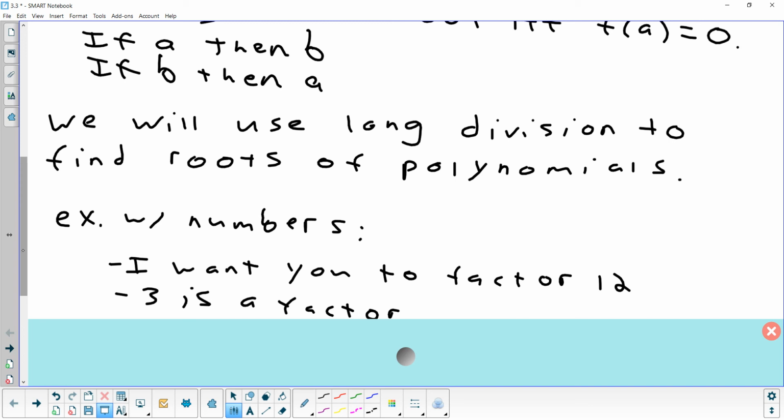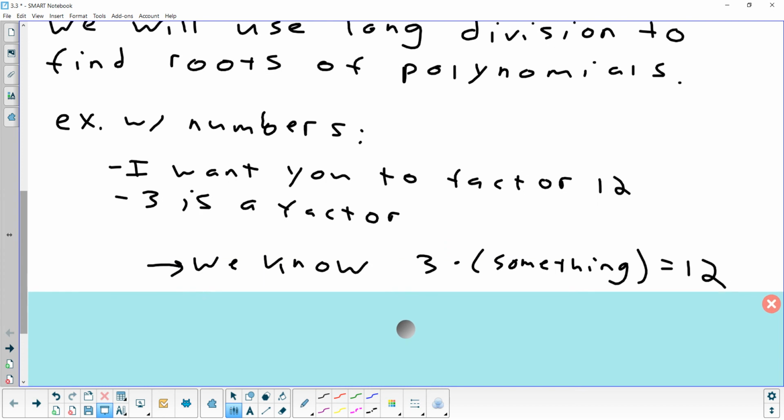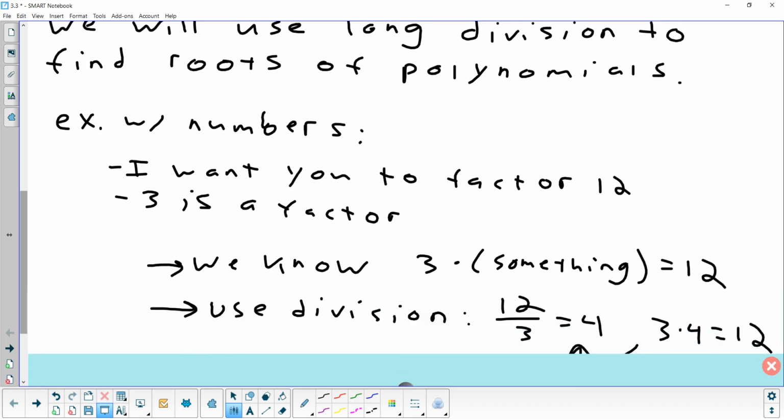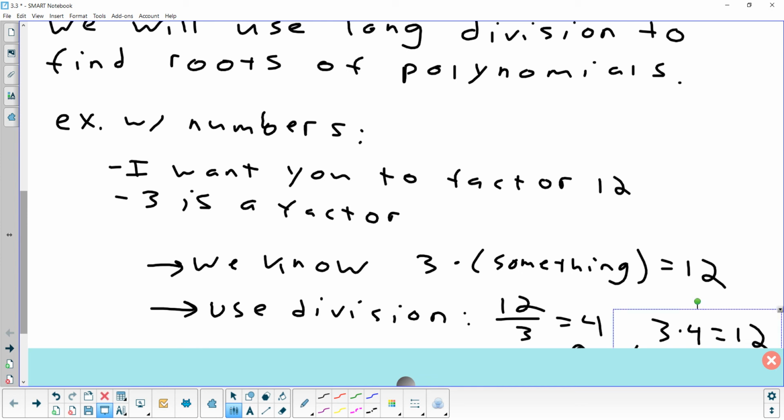If I tell you that 3 is a factor, then what I'm saying is 3 times something will give you 12, right? To figure out what the something is, divide each side by 3. 12 divided by 3 is 4. And then you can check the answer. 3 times 4, yep, that gives me 12. So if you know a factor and you divide by it, it will give you the other factor.